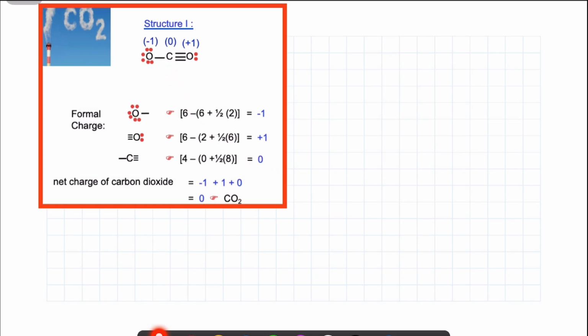So this is the formal charge for each atom in carbon dioxide for structure 1. And if you calculate the net charge, meaning the total formal charge, then you will get 0. So carbon dioxide is neutral, and that's why the charge for carbon dioxide is 0.